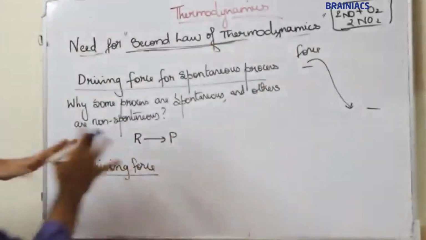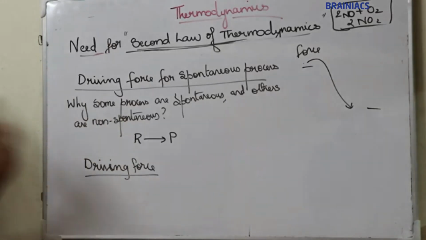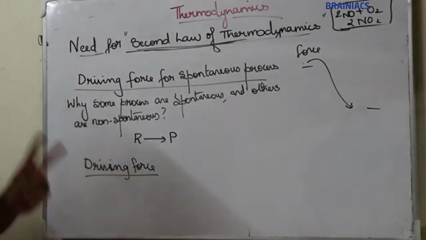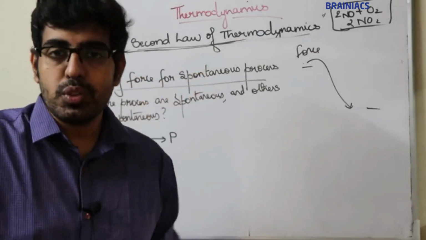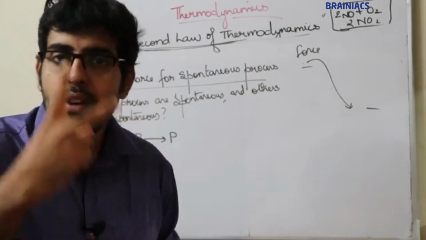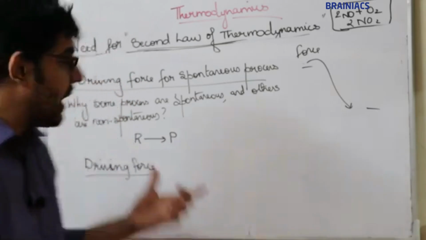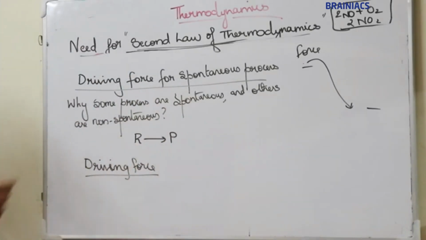Now, if we examine a spontaneous process, we can observe two driving forces in each and every spontaneous process. These two driving forces help a reaction to occur spontaneously. Which are the driving forces?